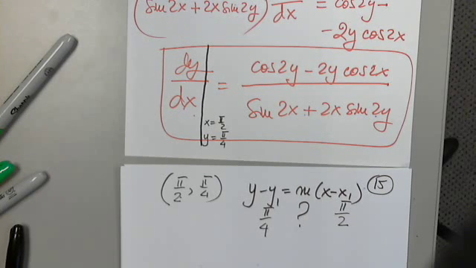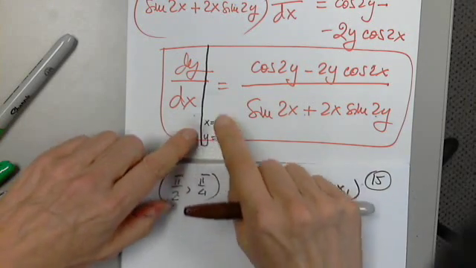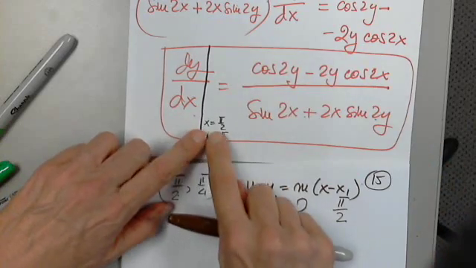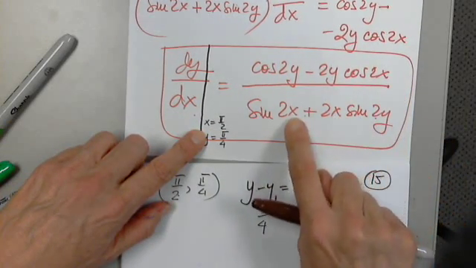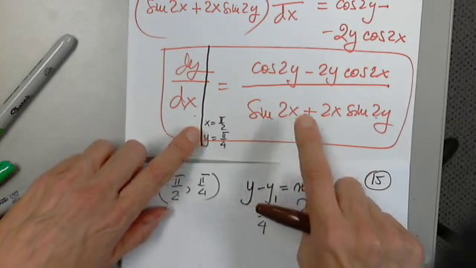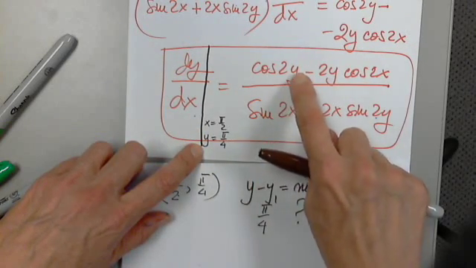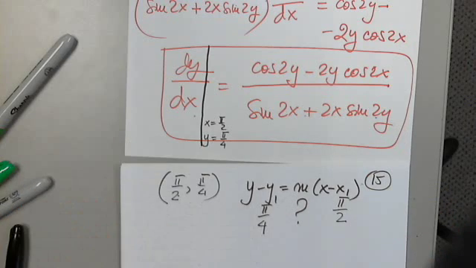We determine an expression of dy over dx. All we have to do now is evaluate this expression when x is pi over 2. So pi over 2 here, pi over 2 here, pi over 2 here. And when y is pi over 4, pi over 4, pi over 4, pi over 4.